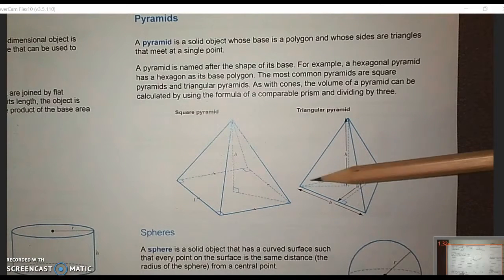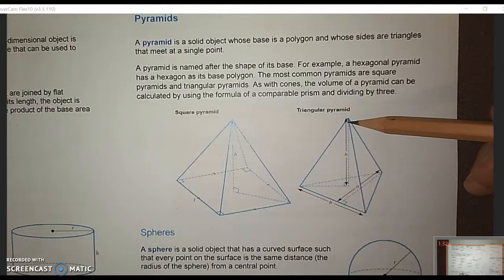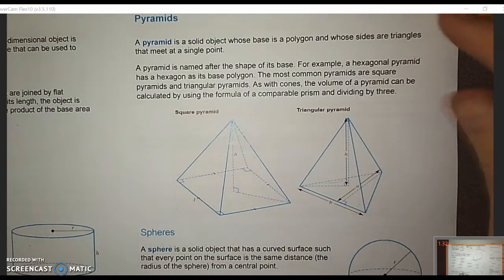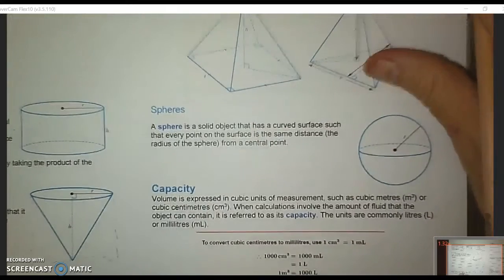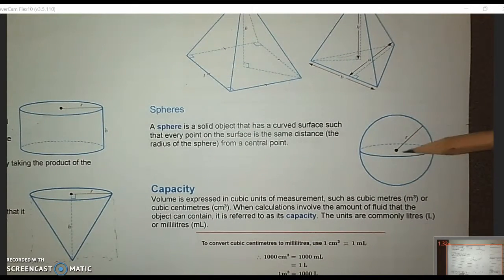This has got a triangular base. So you work out the area of the base, multiply by the height, and divide by 3. A sphere, I'm sure you've all seen a ball. So no matter which direction you go in, the radius is the same, and so it makes a solid sphere.